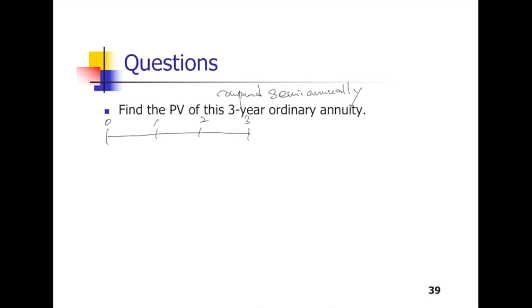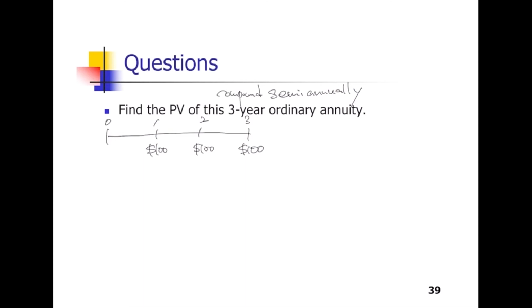So we have 100 at time 1, 100 at time 2, and 100 at time 3, because it is an ordinary annuity, right?